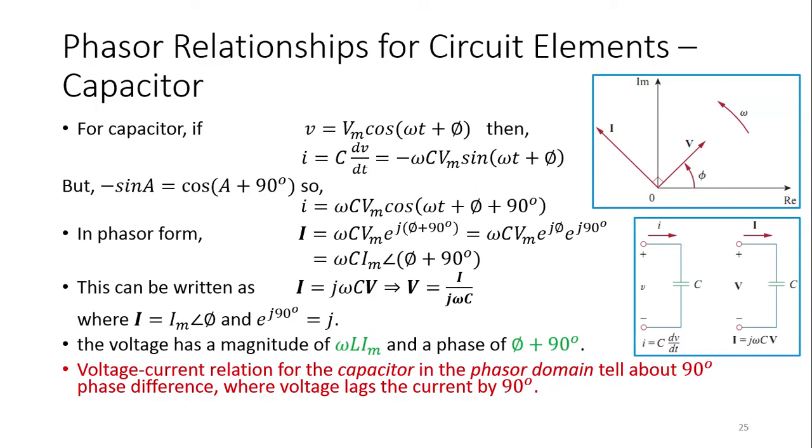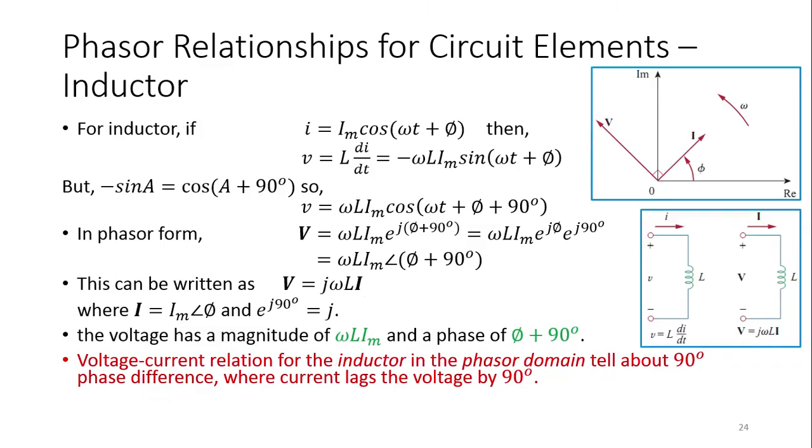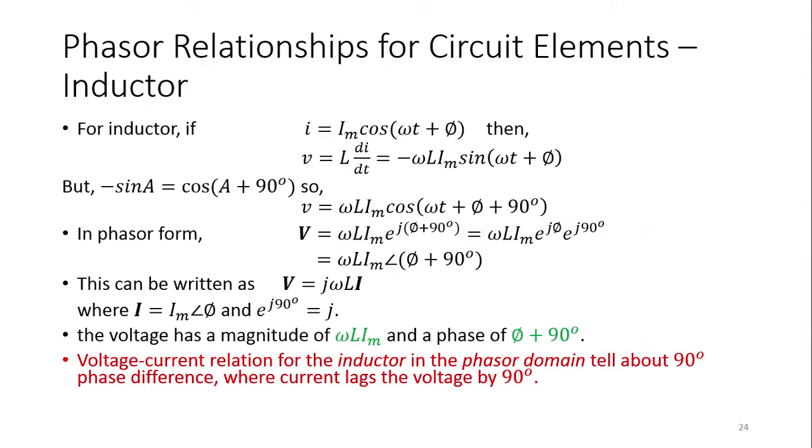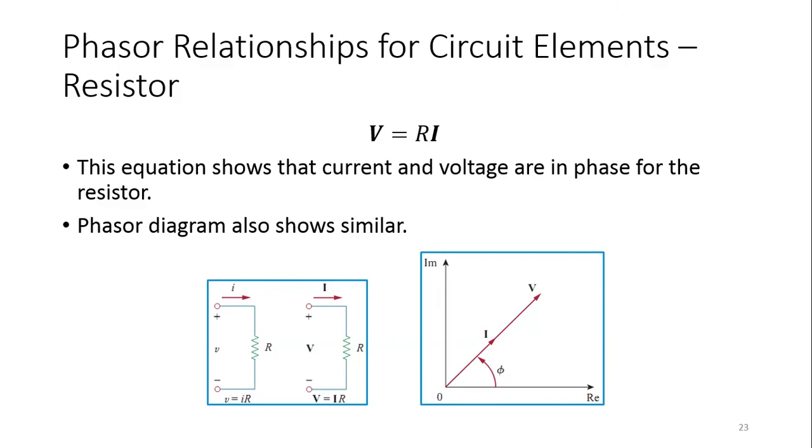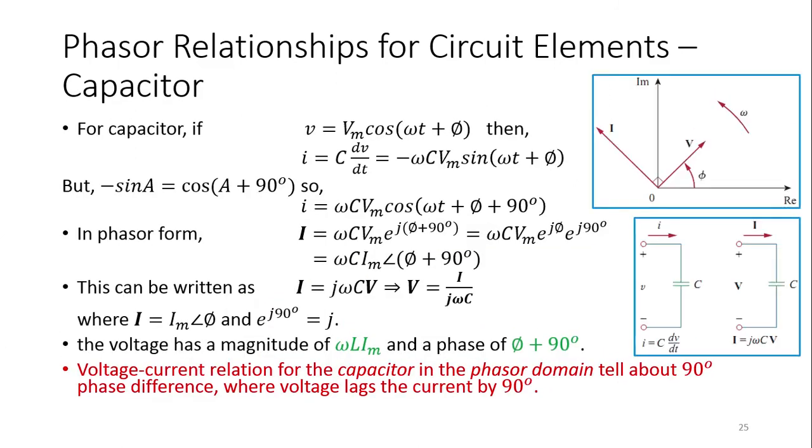In case of capacitors, the current leads the voltage by 90 degrees, and for a pure inductor the current lags 90 degrees behind the voltage, and for a pure resistor there is no phase difference between voltage and current.